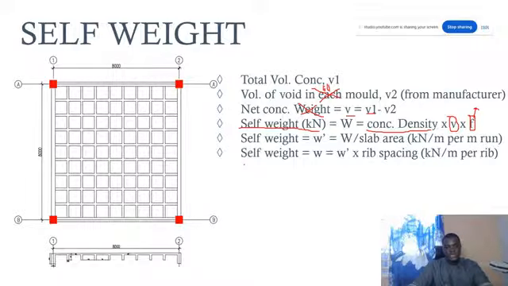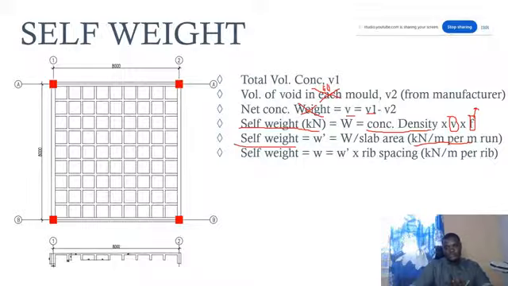Because, like I mentioned, we have the rib and we also have the topping. Most of the time, the topping is either designed to contribute to strength or not. So in that case, the main primary element you are designing is the rib. So you now convert this self weight to the rib. What we have here is kilonewton per meter run, but in order to design the rib slab, we need to know the part of the self weight that is going to be on a section of our rib.